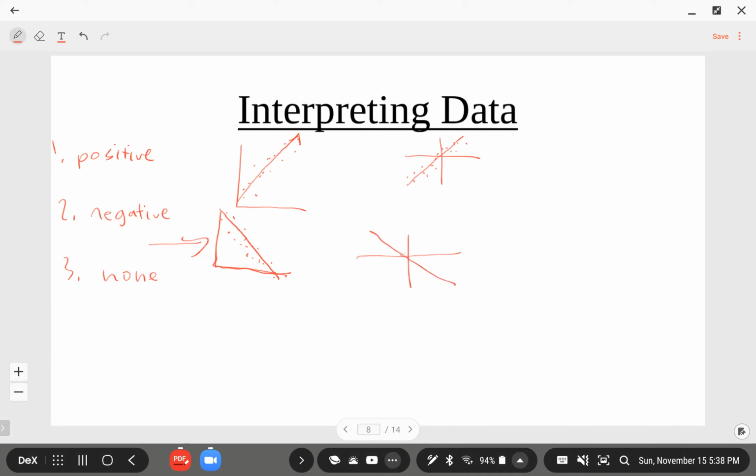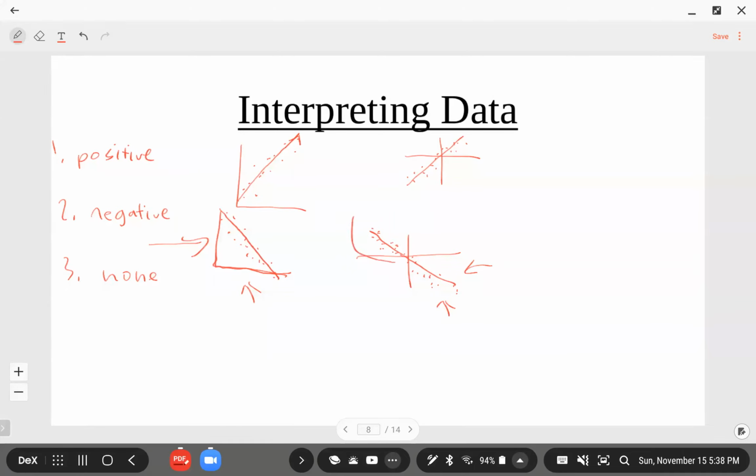Right here we have this scenario. Yes, this is the same scenario, because x values are in fact increasing in this scenario and y values are decreasing.